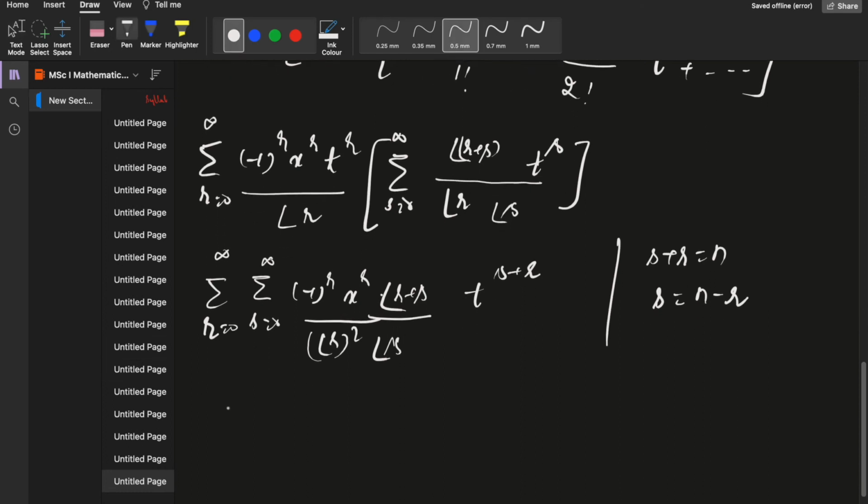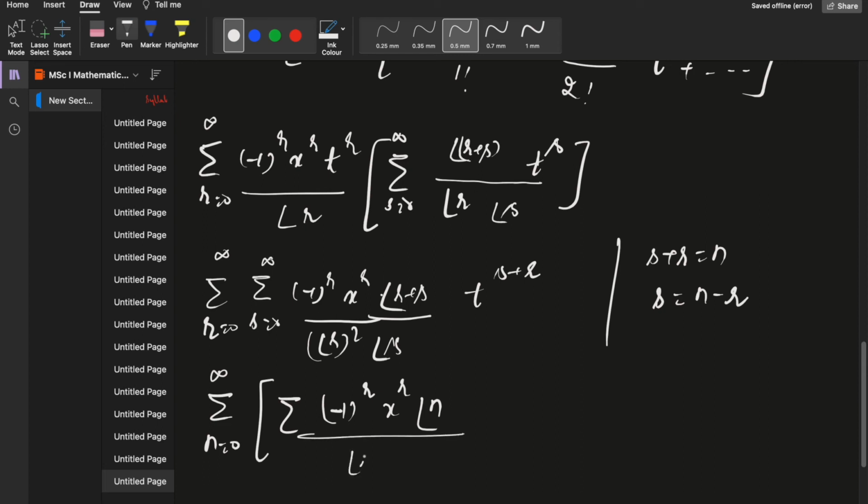So n can vary from 0 to infinity, and inside the summation this quantity becomes minus 1 to the power r, x to the power r upon factorial r, and r plus s is factorial n, upon factorial r square and factorial s, which is n minus r, times t to the power n.